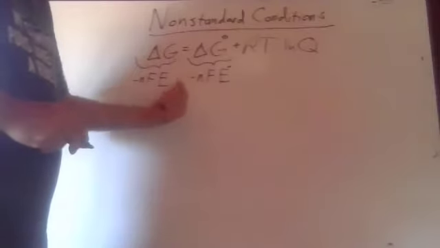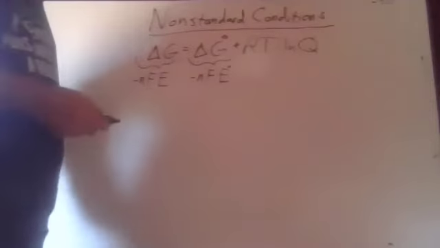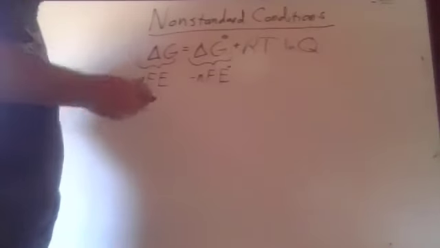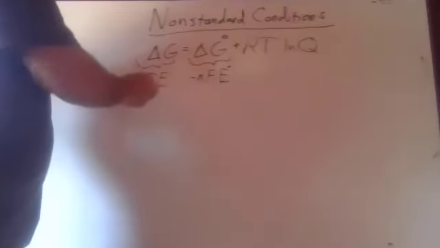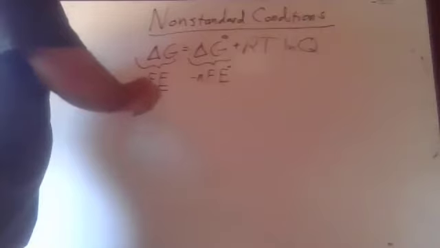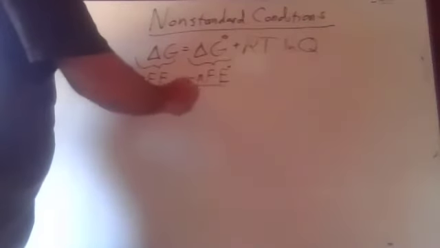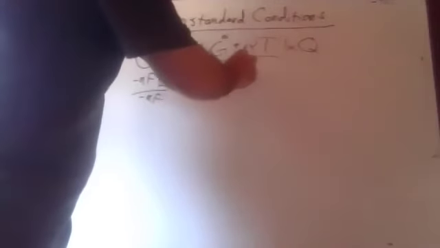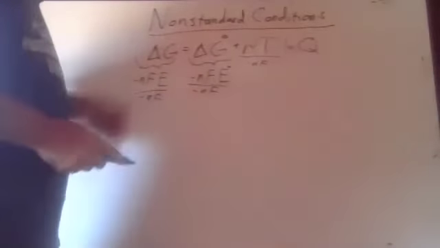We have these negative signs. We can get rid of the negative signs by dividing both sides by minus NF. So if we had these in there, but we divided by minus NF, that means this would also get divided by minus NF. And so we end up with another formula, but this time it's non-standard for cell potential.